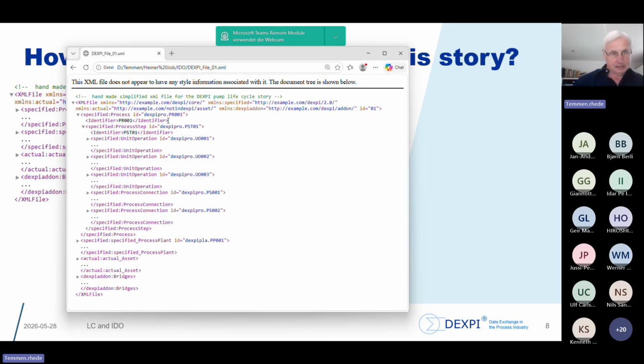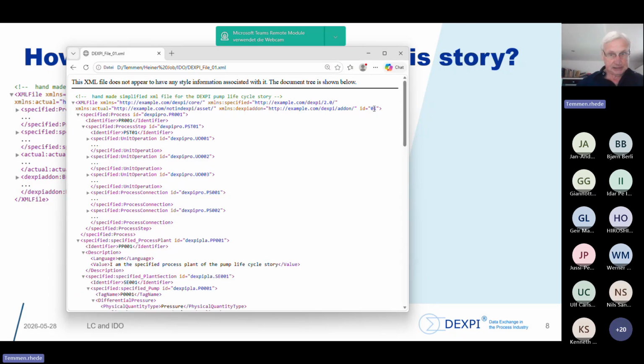That is the part which we will model with IDO, and I will show some results for that modeling part.